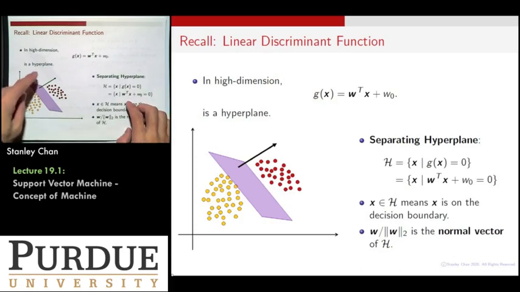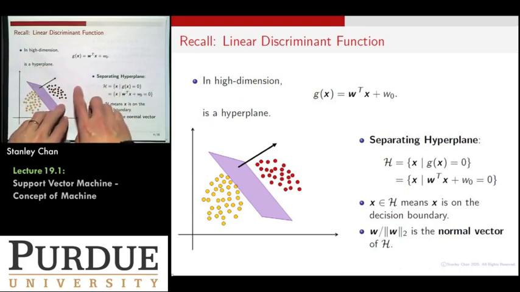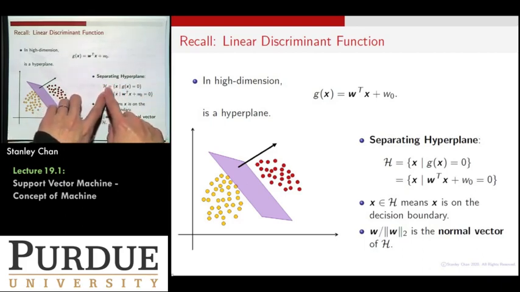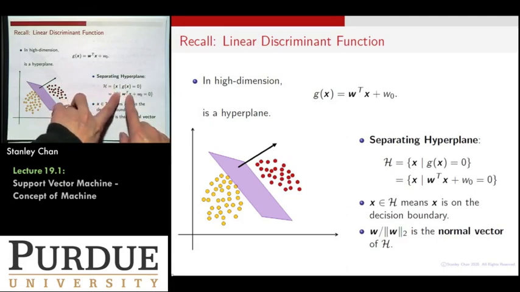So here is a review of what we have done when we first talked about classifiers. It is the problem of how do you find the distance between a point and a plane. Let me remind you, this is the discriminant function. This is called the separating hyperplane. The hyperplane is the set that contains all the x such that g(x) equals 0.